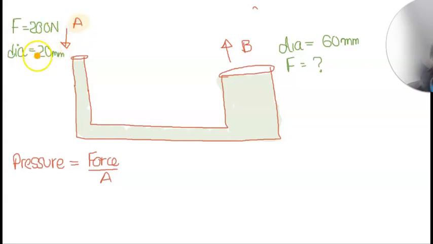I have the diameter, so to convert the diameter into radius, I will halve it. So here the radius is going to be 10 millimeter. Now I need to find the area of this side.